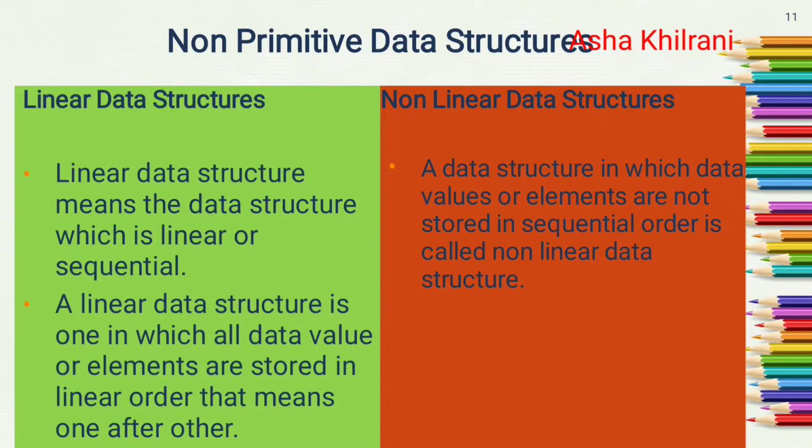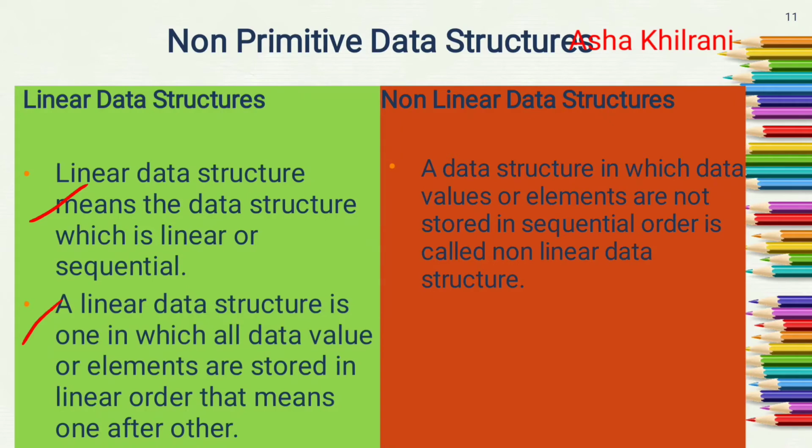A linear data structure is one in which all data values or elements are stored in linear order, that means one after another. As the name suggests, linear means sequential, one after the other.